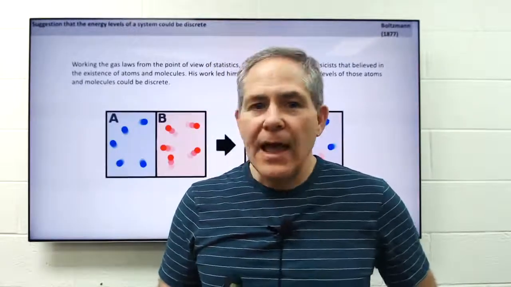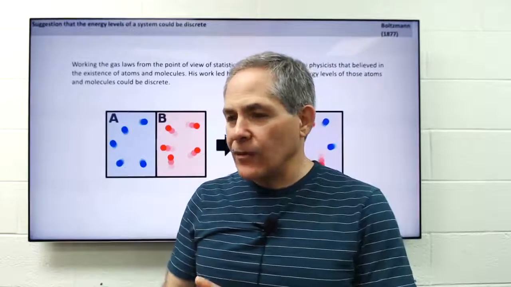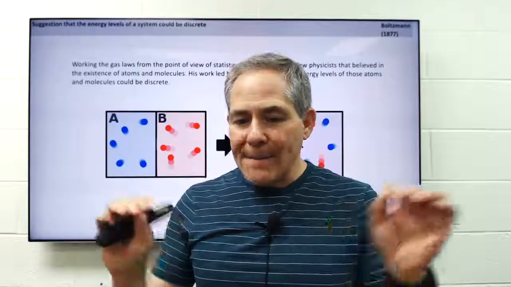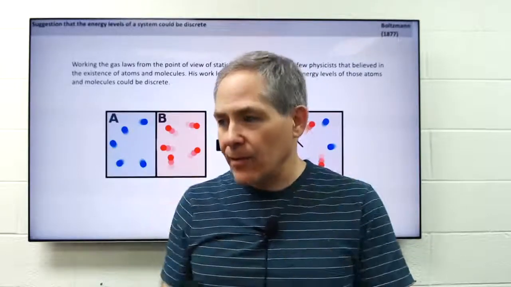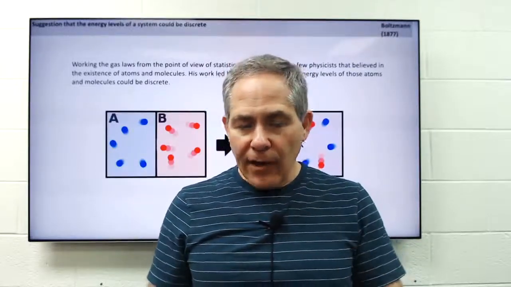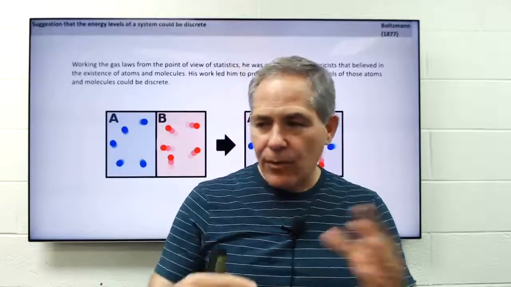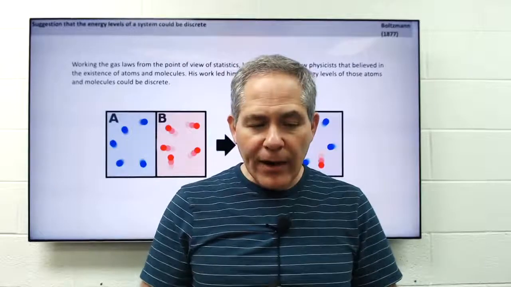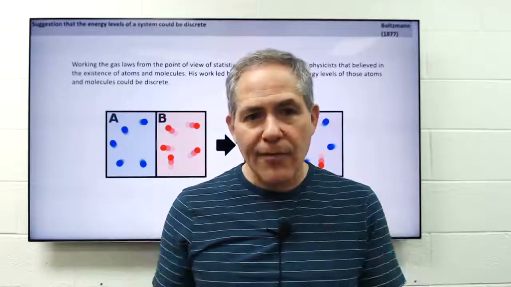Okay, so going back to physics, we see Boltzmann's work. And Boltzmann was interested in understanding gases from a microscopic level. The laws of gases like PV equals nRT and all that were developed just before that. And he wanted to understand where all that came from.